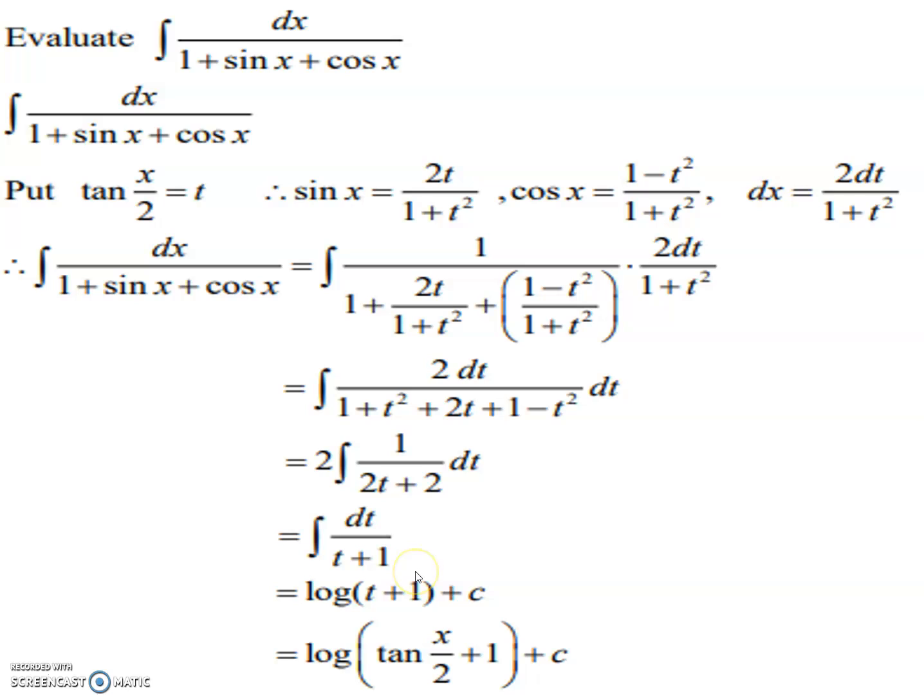We know the integration of 1 upon x is log x and the integration of 1 upon x plus a is log of x plus a. That's why the integration of 1 upon t plus 1 is log t plus 1 plus c. We have to resubstitute the value of t as tan x by 2. So, we derive log of bracket tan x by 2 plus 1 bracket complete plus c.